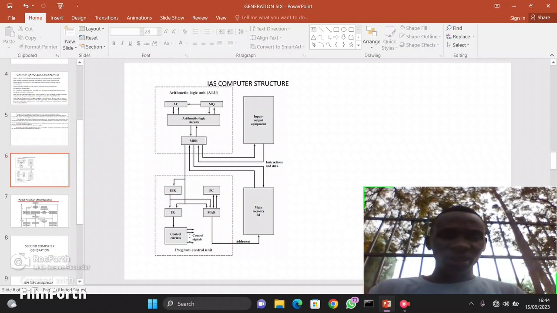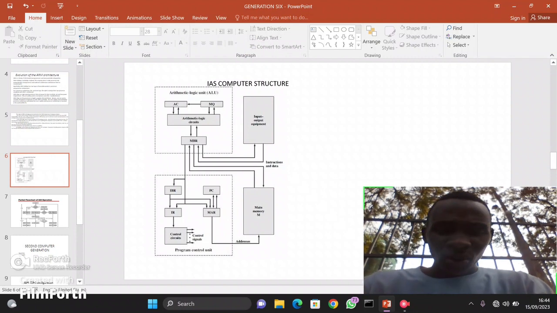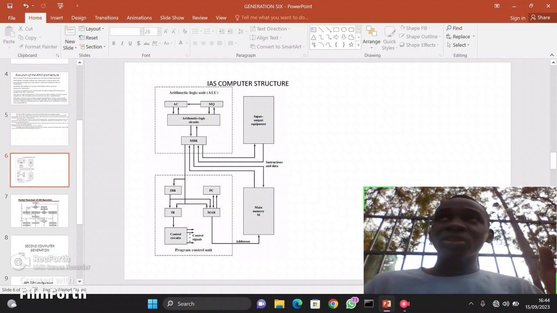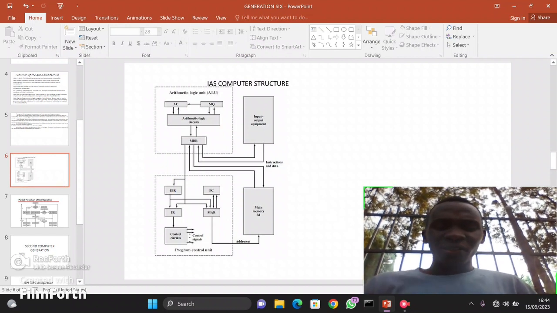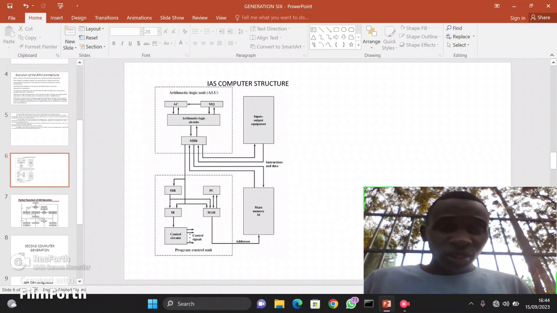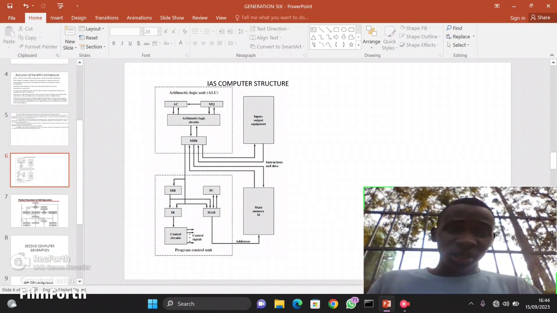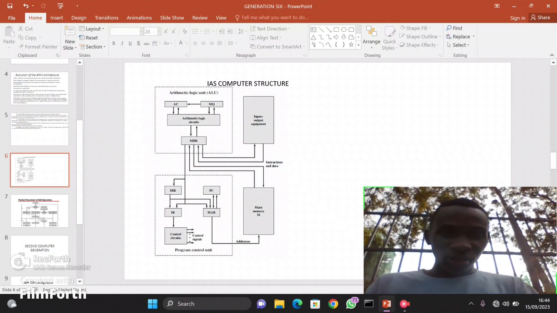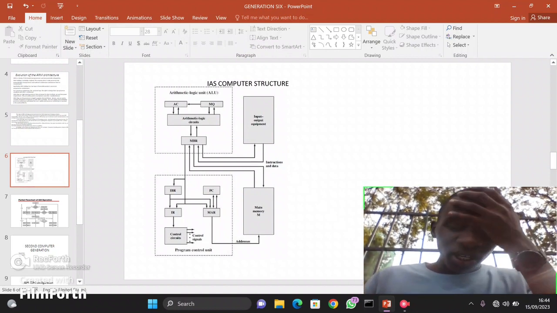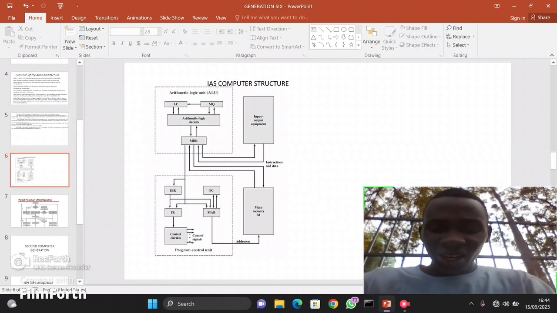Okay, before going to that, we can examine a few parts. Since the computer was mainly designed for mathematical operations, it should have specialized organs for just those operations, and that is the central arithmetic unit, the arithmetic logic unit, and as you can see, it's the first part of the computer structure.